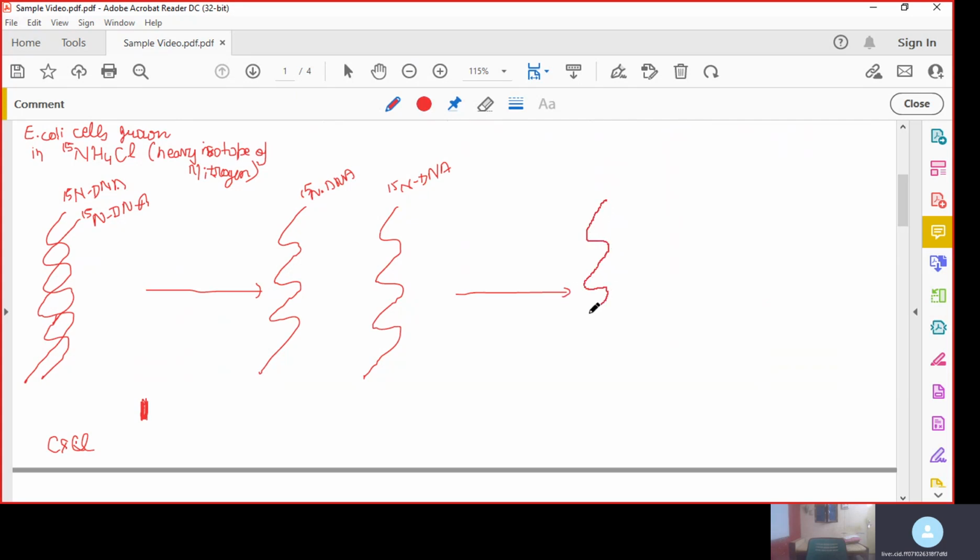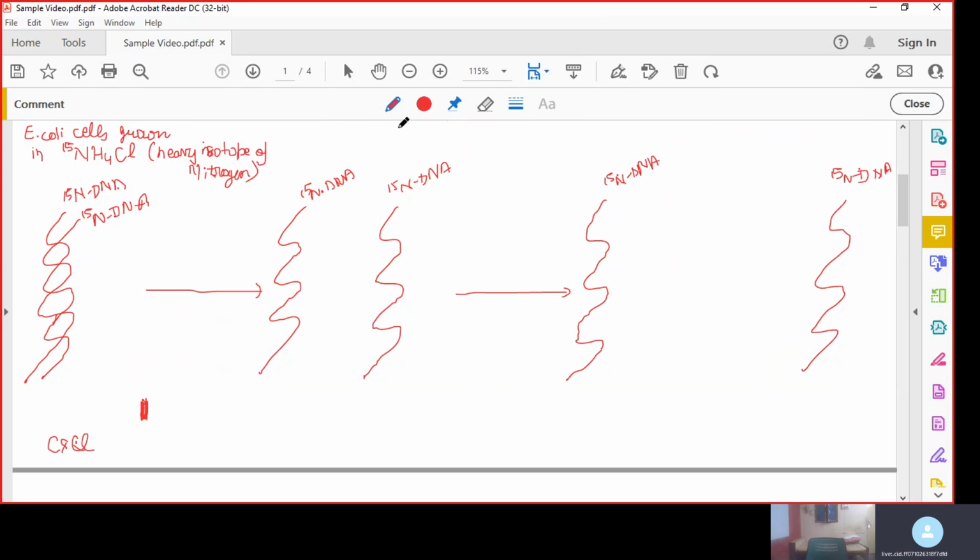You can see again these two DNA strands will separate and form another DNA. So this is one, this is 2. We have to mention the 15 in all of them. You can see this heavy isotope of nitrogen. I have shown this till the second generation. It will continue for many generations, continuously transferred, but it will be only parental.